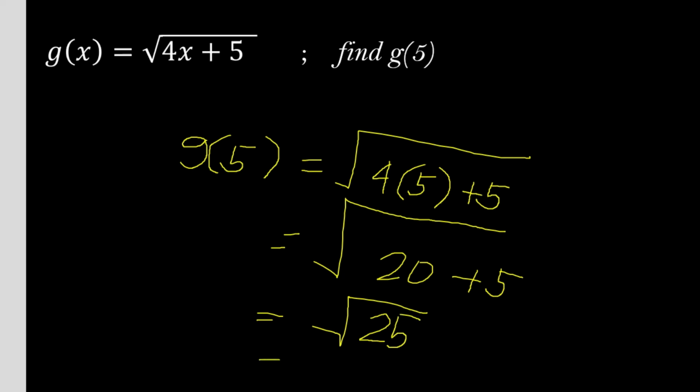So as we all know, 25 is a perfect square, and therefore the square root of 25 is 5. And so the value of g of x equals square root of 4x plus 5 is equal to 5.